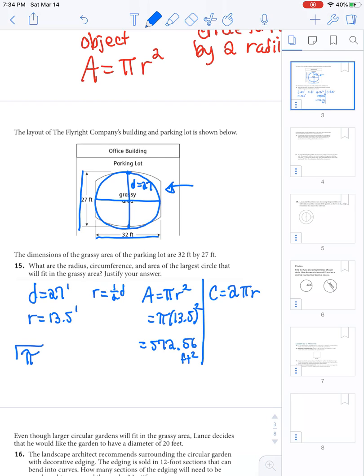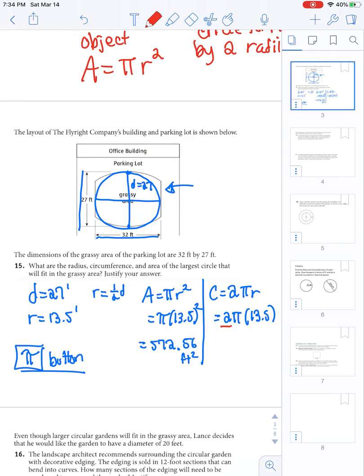I do want to point out that your calculators have a pi button. Please use the pi button in order to be more accurate with your results rather than using the rounded 3.14. With circumference, we're going to do 2 times pi times that 13.5.